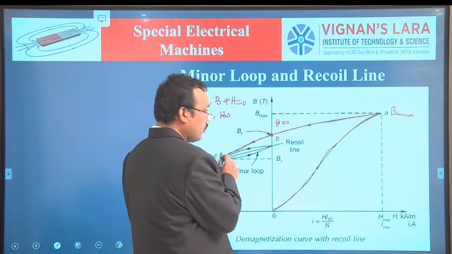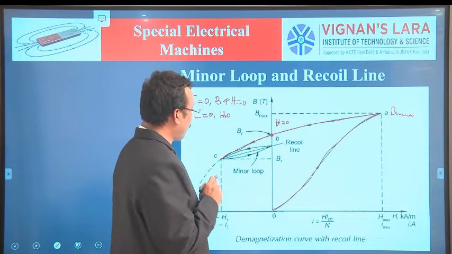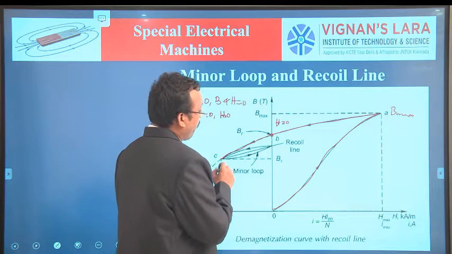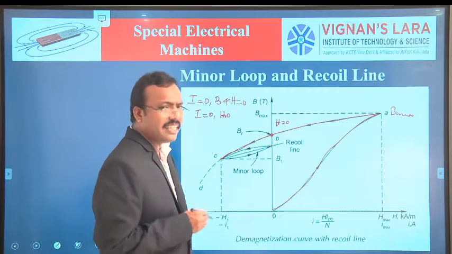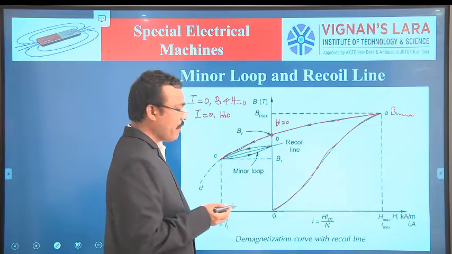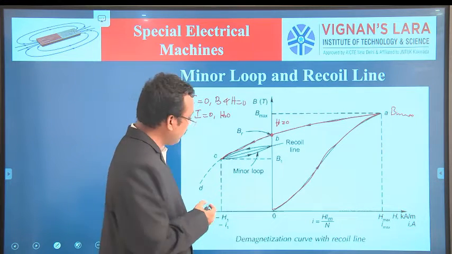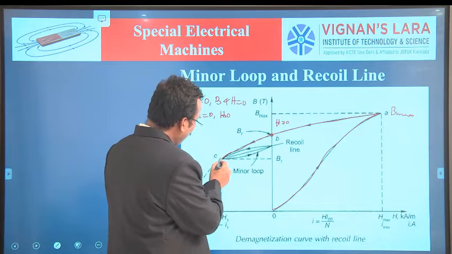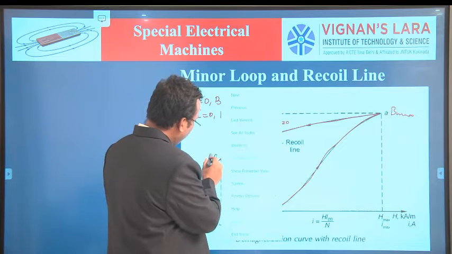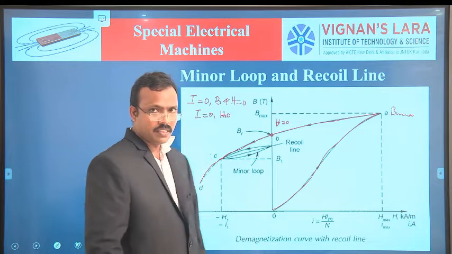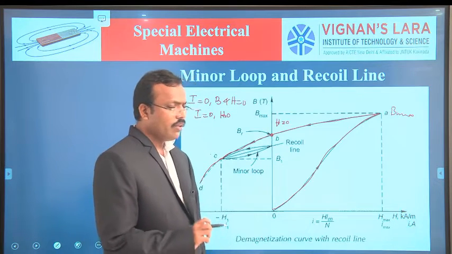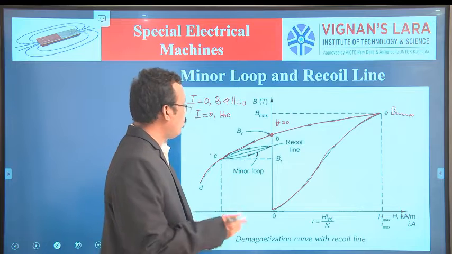Now, very important: how will we generate the minor hysteresis loop? Further increasing the current in the reverse direction, this point tries to move to point D. Suppose we decrease the current back to 0.